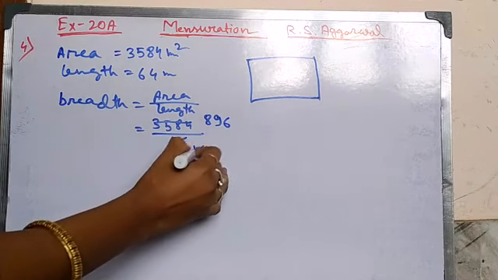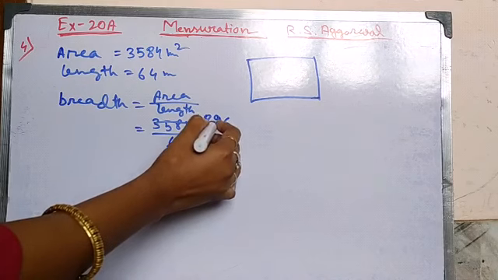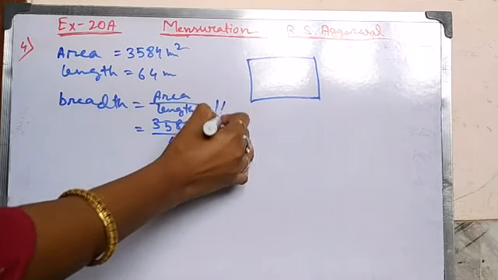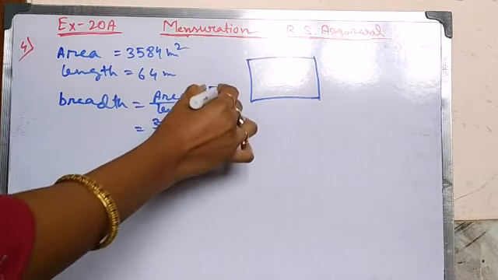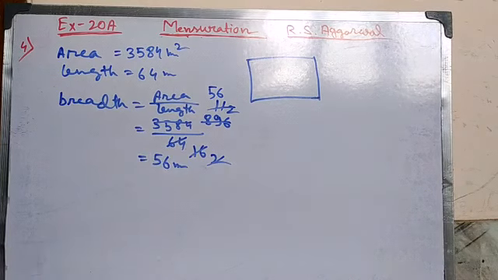Now by 16, then again it is divisible by 8. 8 2s are 16, 8 1s are 8, 8 1s are 8, 8 2s are 16, then by 2, 2 5s are 10, 2 6s are 12. That means 56 meter.